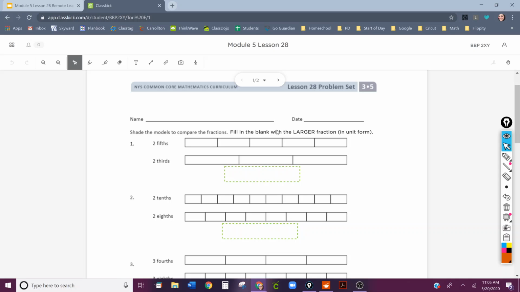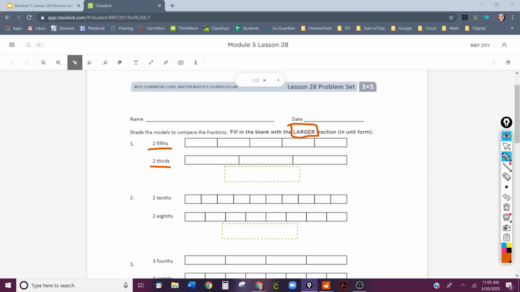And then I kind of changed this a little bit. So if you're working off the paper one, this might say something different. It says fill in the blank with the larger fraction in unit form. Now, I tried to make this easy because if you notice, here it's already written in unit form, so you don't have to change anything. You just have to figure out which one is larger. So we're looking for the larger or the bigger fraction.